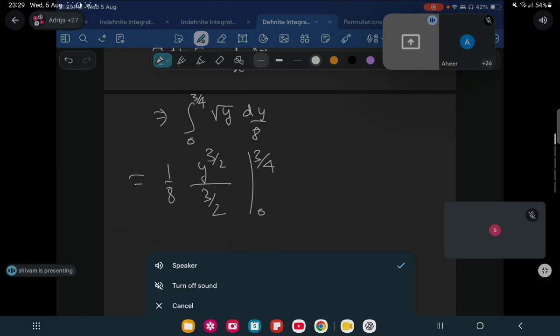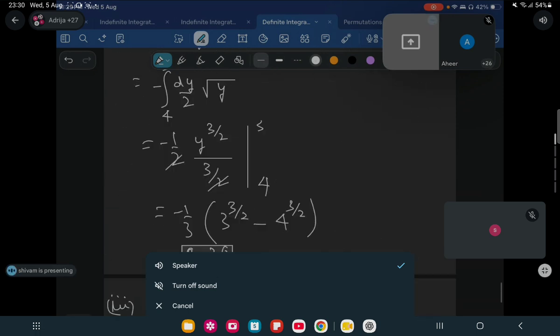After this substitution, you people can do it. 2 times 3 by 4 whole to the power 3 by 2, divided by 3 into 8, which is 12. Okay, 4 to the power 3 by 2 will become 8. So this will become 3 root 3 divided by 8 into 12. Okay, 8 times 4, this will become root 3 by 32. Tell me. Anyone having any doubt, you can ask me.